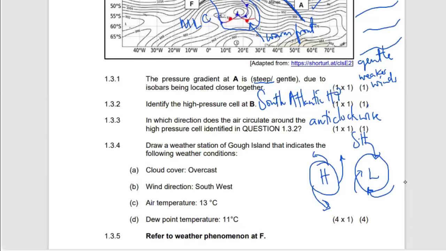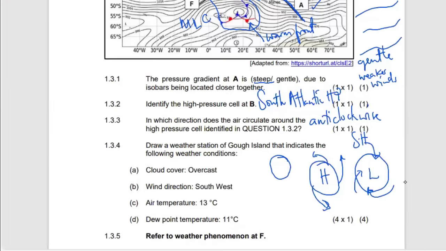Right, draw the weather station at Howe Island that indicates the following weather conditions. Cloud cover, we indicate in the circle. We draw a circle like this. When I'm drawing this circle, we shade the relative amount of cloud cover inside the circle as a fraction of 8.